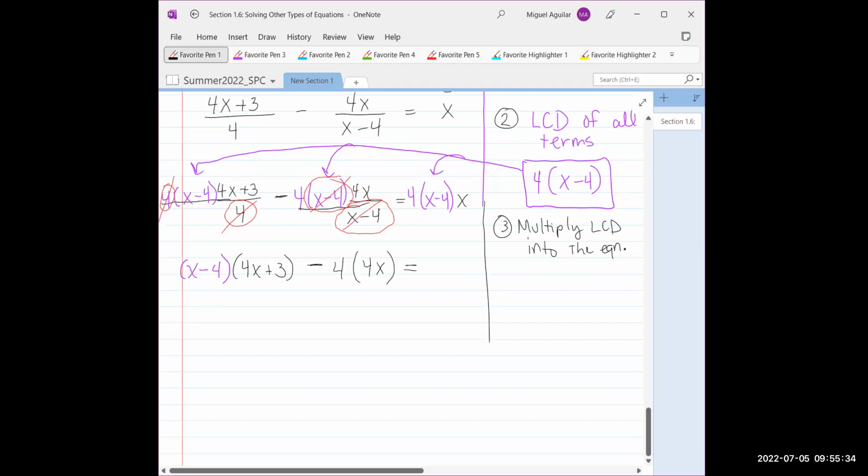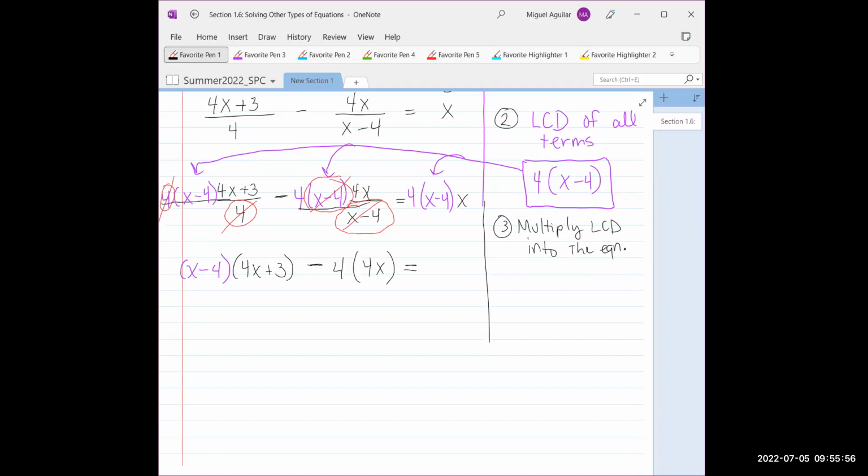Well, I multiplied this LCD, the 4 and the x minus 4, and I'm multiplying that by the x. Is there a denominator here? No. That means that there's not going to be anything that cancels, because we can only cancel numerators with denominators. And if we don't have a fraction, nothing's going to cancel. Okay, that means we're just going to have to multiply this out.